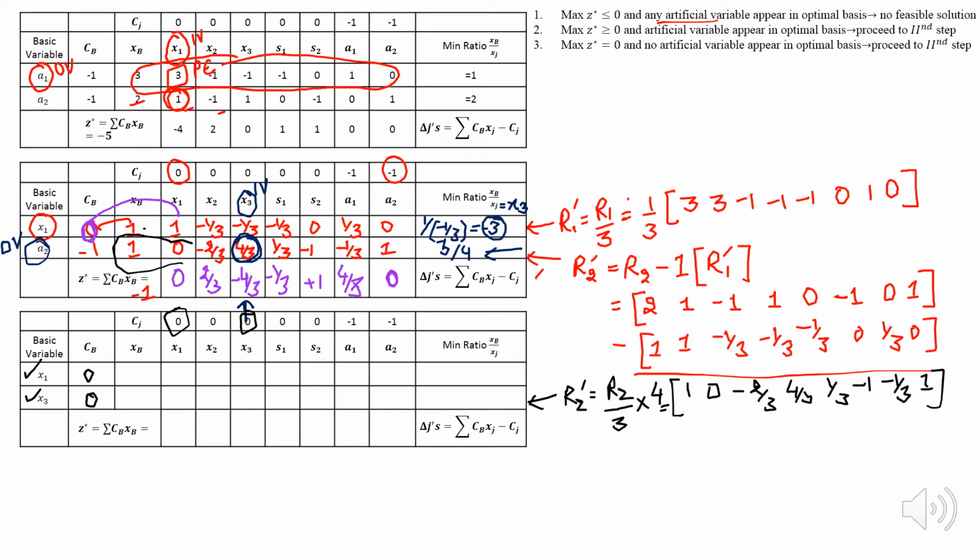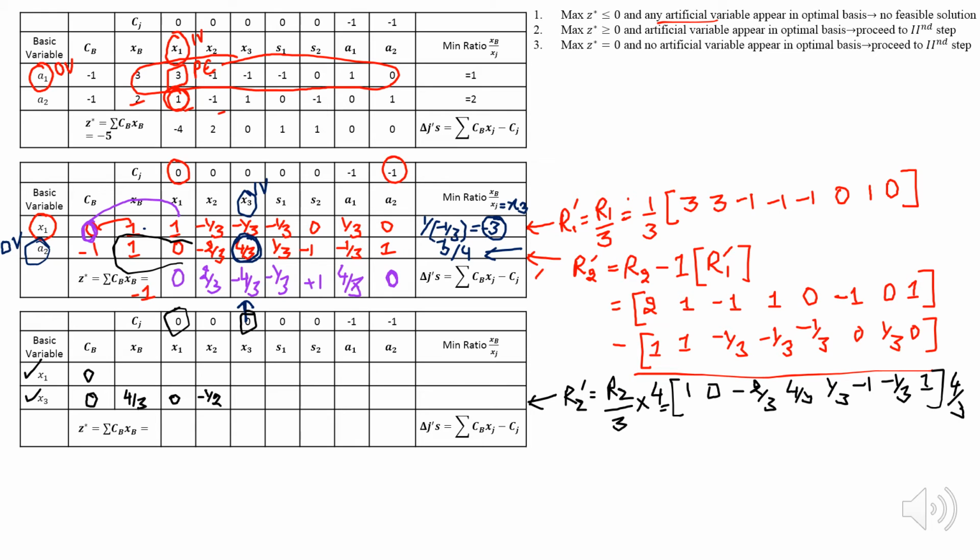Okay, so again if you calculate it, you are multiplying with 4 by 3. When you multiply with 1, you will get 4 by 3 itself. When you multiply with 0, you will get 0. When you multiply with minus 2 by 3, you will get minus 1 by 2.